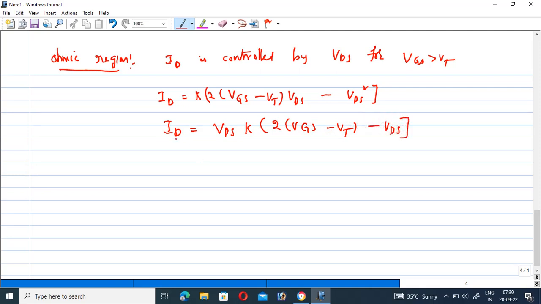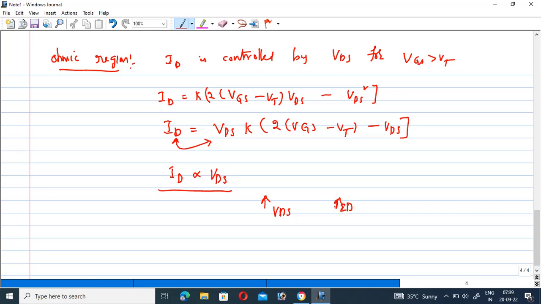This is the equation. From this equation, ID is directly proportional to VDS. That means if the VDS value increases, the corresponding ID current also increases.